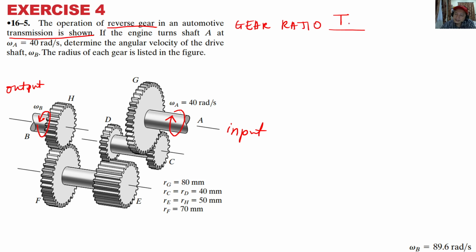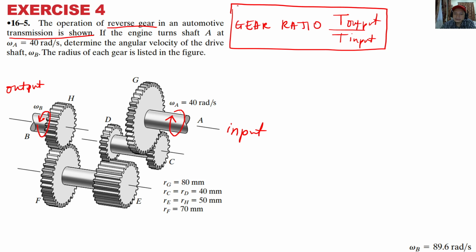So remember gear ratio: teeth output over teeth input, or R output over R input.